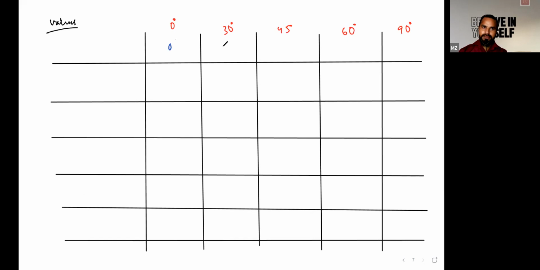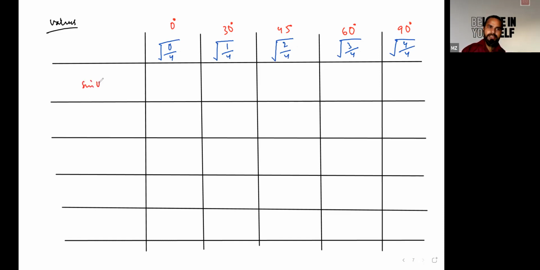Just write 0, 1, 2, 3, 4, divide each term by 4, and take the square root of it. This will give you the value of sine theta.